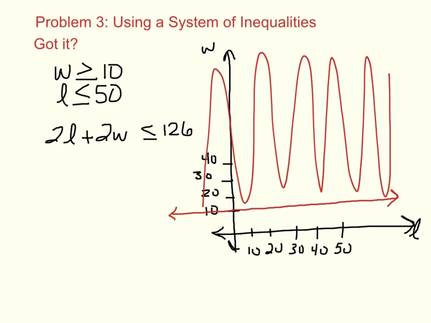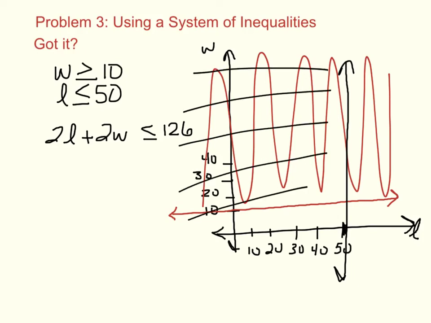So I'm going to use black for that. But it can be equal to, so I'm going to have a solid boundary line. Whoops, that's not on 50, but let's say it was. Less than, so I'm going to shade to the left. So the overlapping region is this region right here.